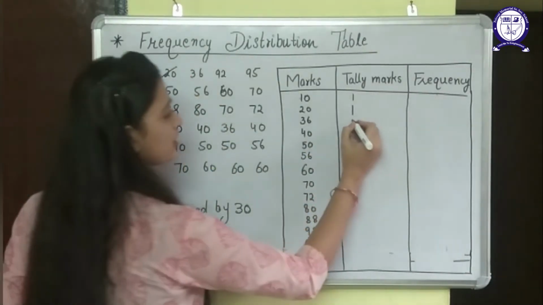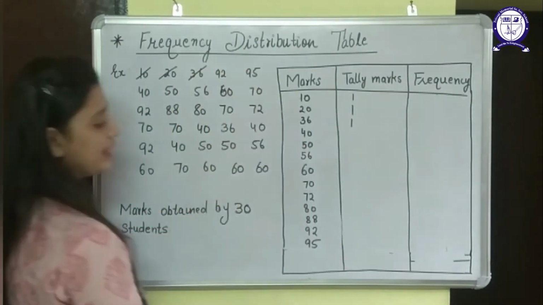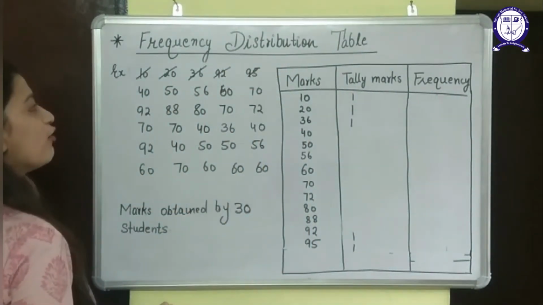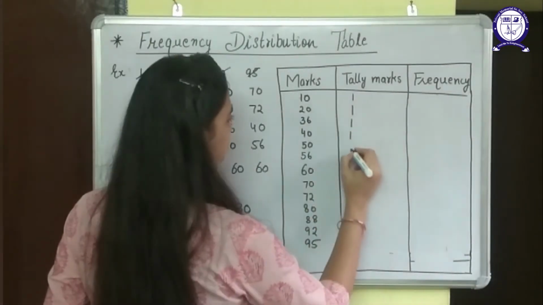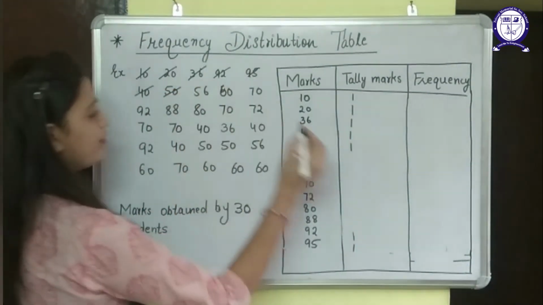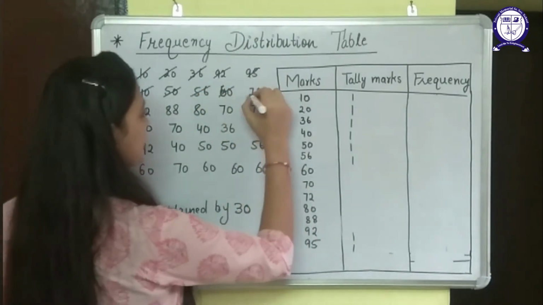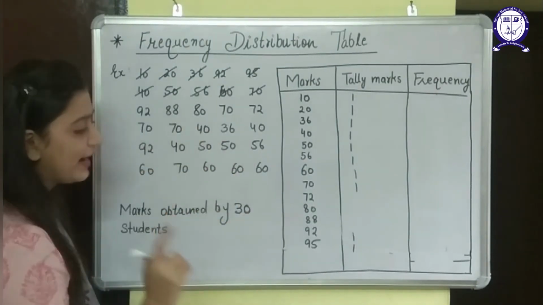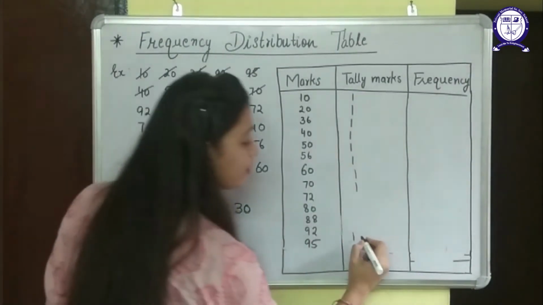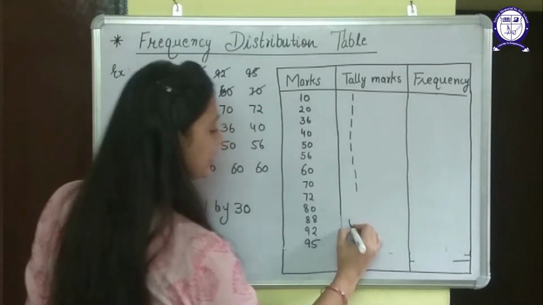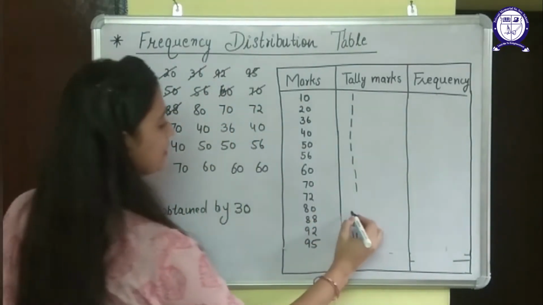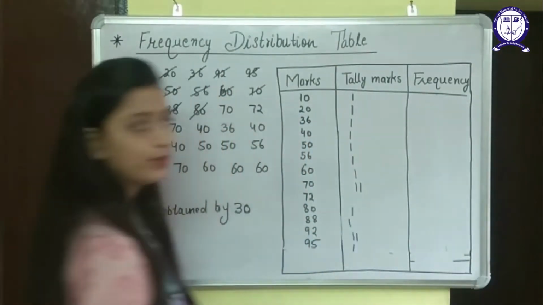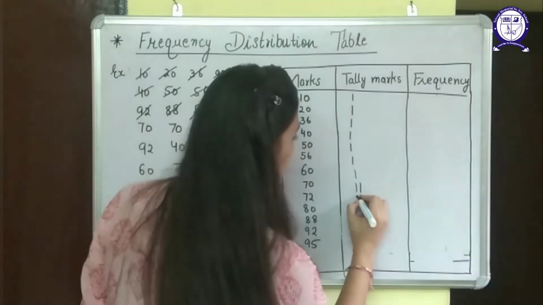Similarly 36, and I will cut it. 92 and 95, then I will cross them. 40 and 50. 56, 60 and 70, 92, 88. 92 is repeated again, so I will put 1 after it, and then 88, 80, 70. 70 is again repeated, so I will put it here, and then 72.